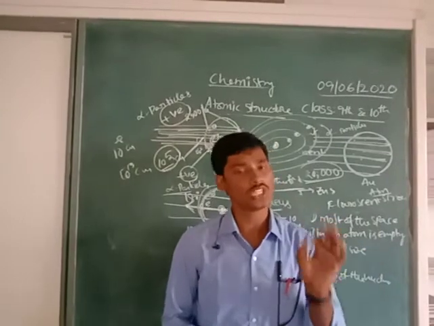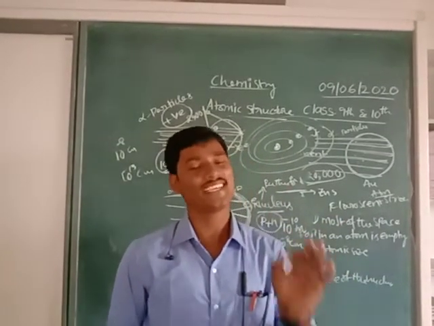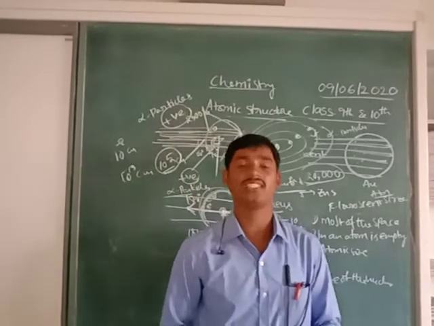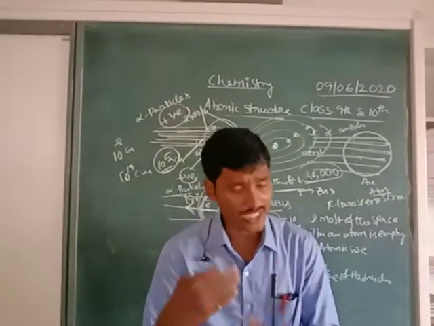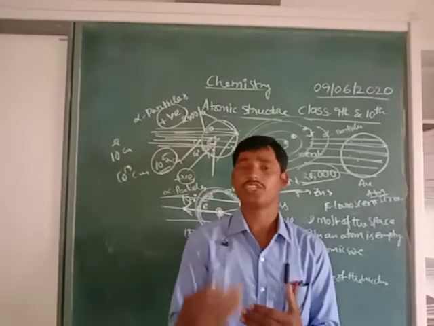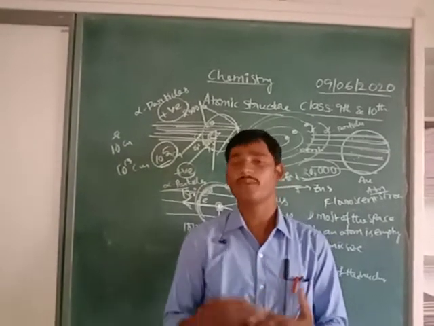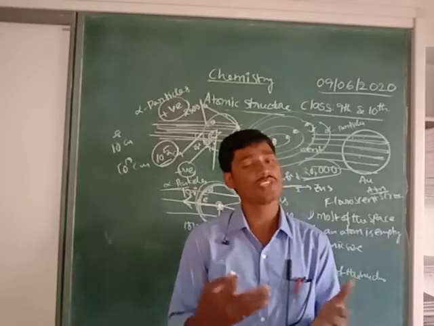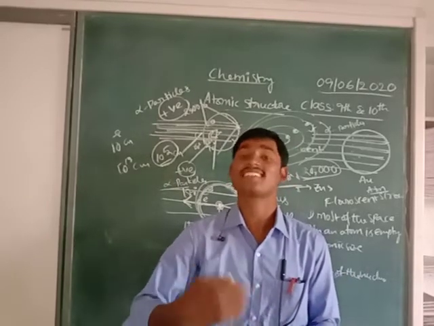Okay, children. Now coming to the second drawback of the Rutherford alpha-ray scattering experiment: electrons continuously revolving around the nucleus would continuously emit some radiation. If it continuously emits radiation, we would get spectral lines.